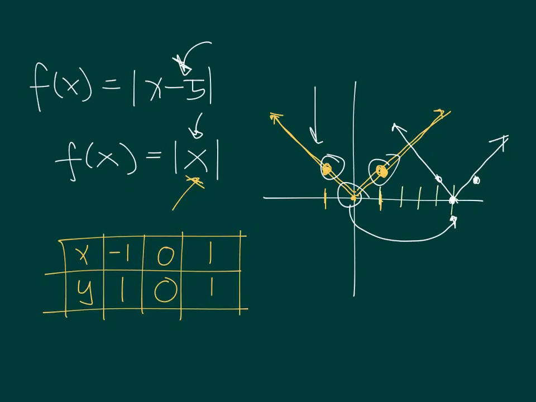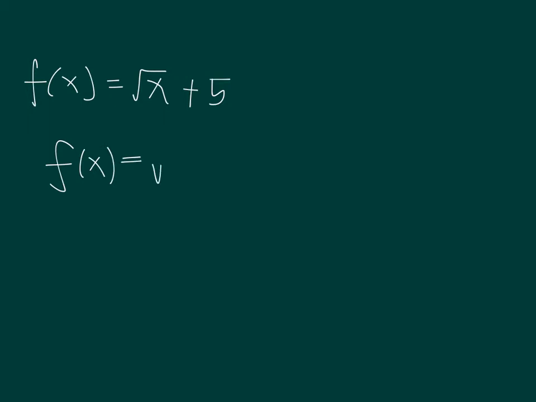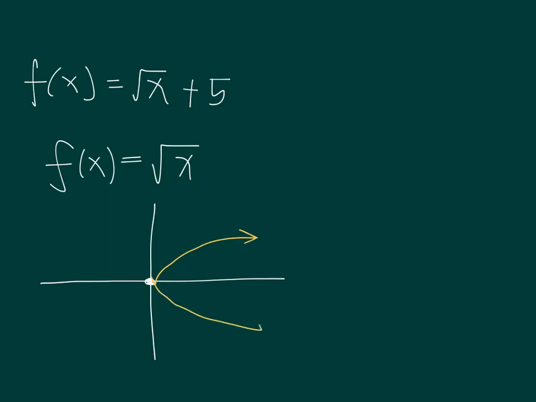Okay, another one. F of x is equal to the square root of x plus 5. The basic function for this is the square root of x. Now for the square root of x, its graph is based from the parabola opening to the right.